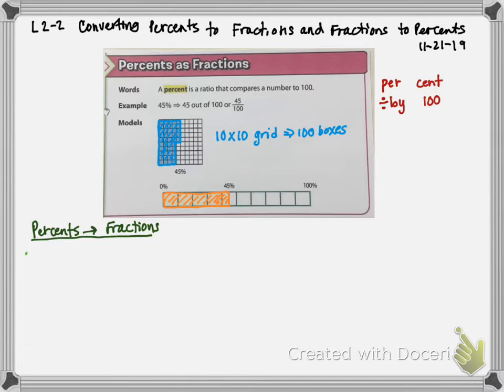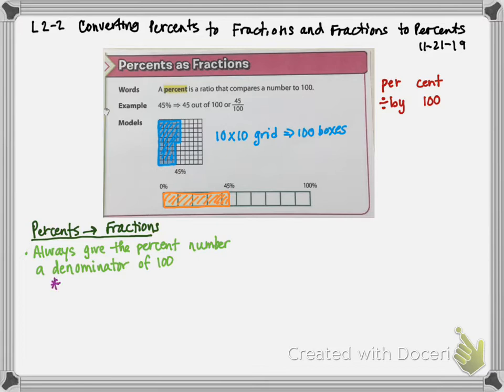All right, so let's talk about how I actually convert percents to fractions. Well, first off, every single time, give the percent number a denominator of 100. That's what percent means, divide by 100. Now, when I'm doing this, I've got to remember something.